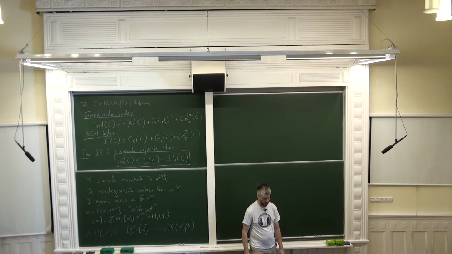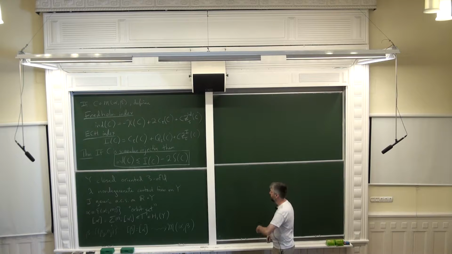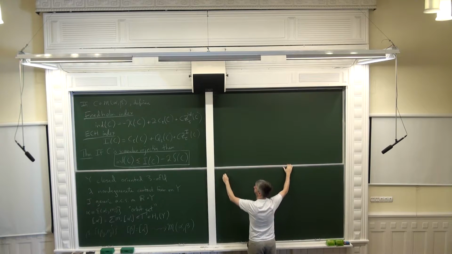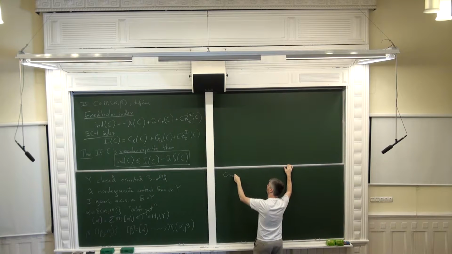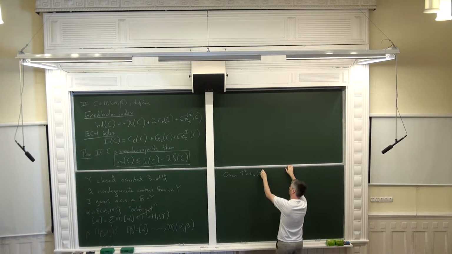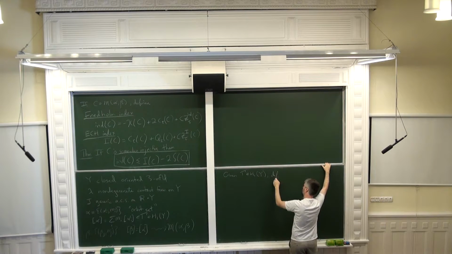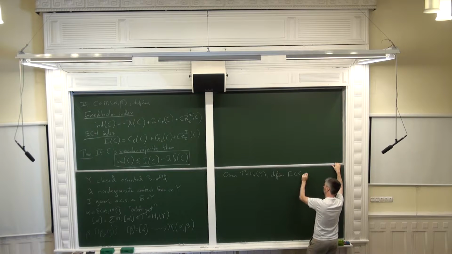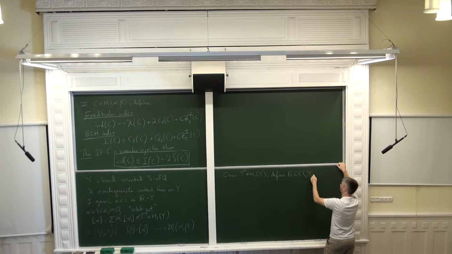So why do we care about that? Definition: given Γ, define the ECH chain complex ECC(Y, λ, Γ) as follows.